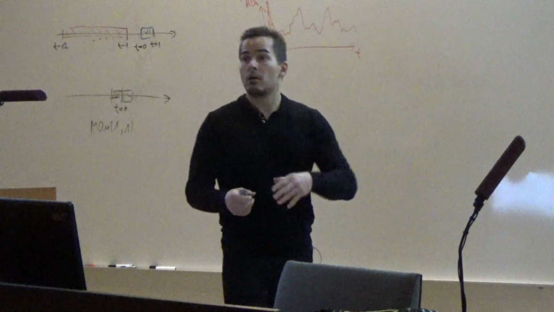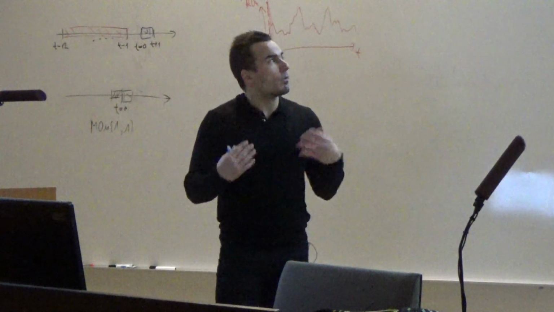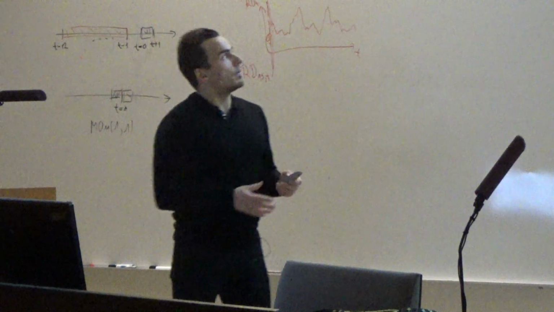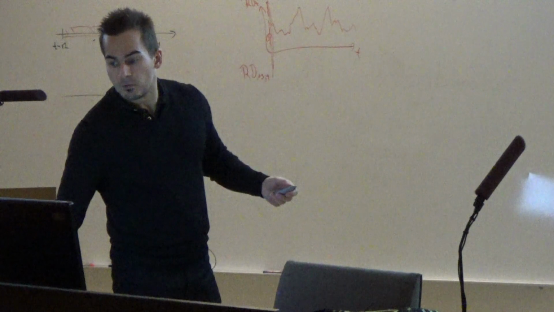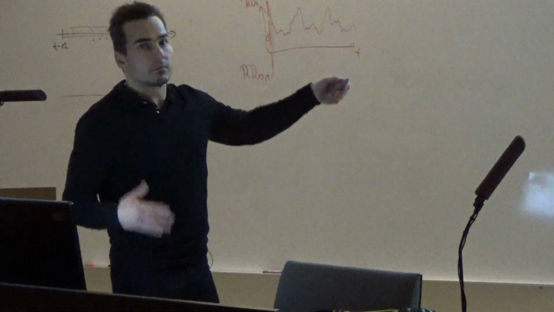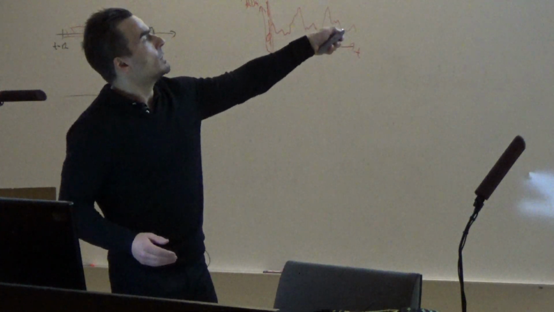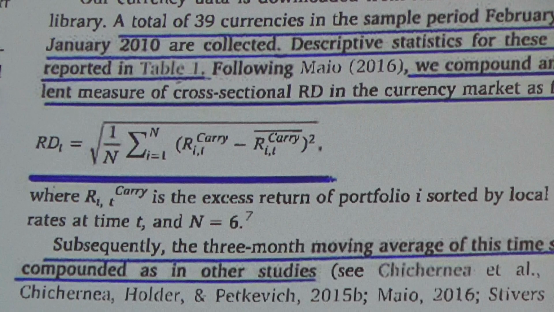The corresponding measure for cross-sectional return dispersion or cross-sectional volatility in the currency market is given by this formula here. This is just one example, but we need inputs that are related to the currency market. In order to establish a link between cross-sectional return dispersion in the currency market and the equity market, we need a proxy for both series.